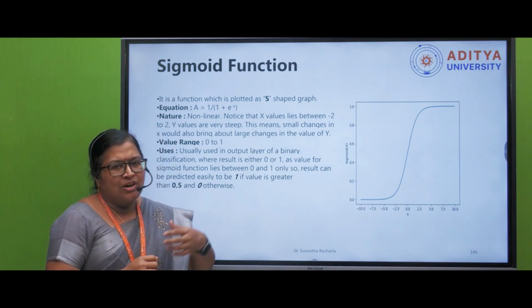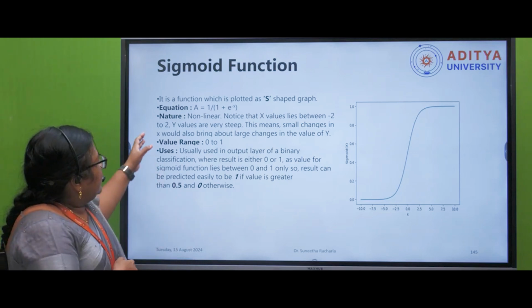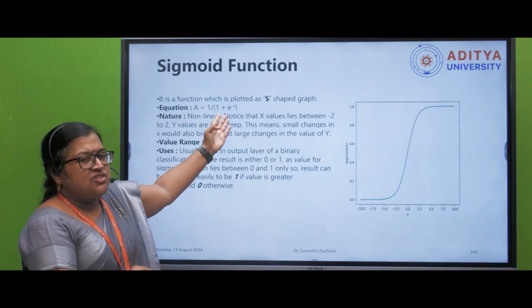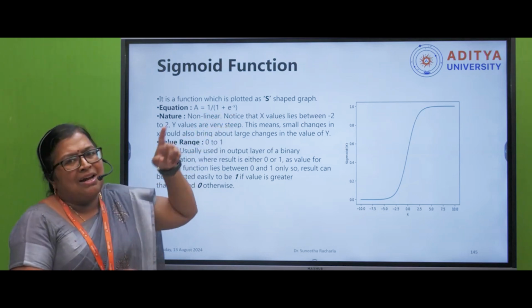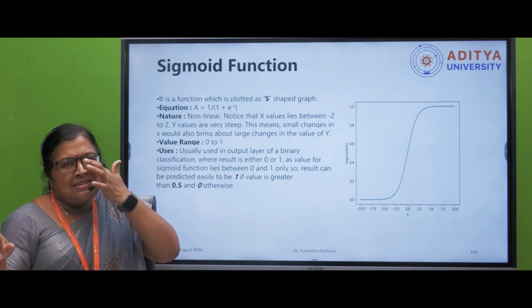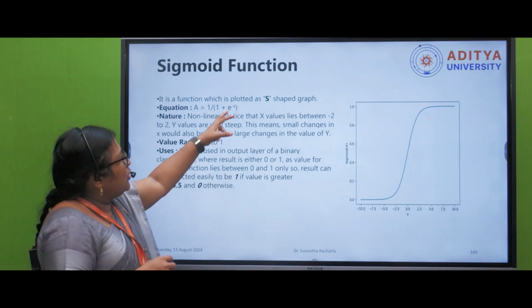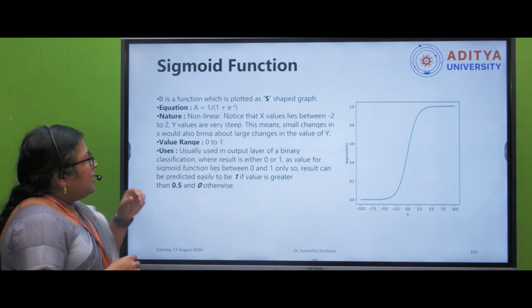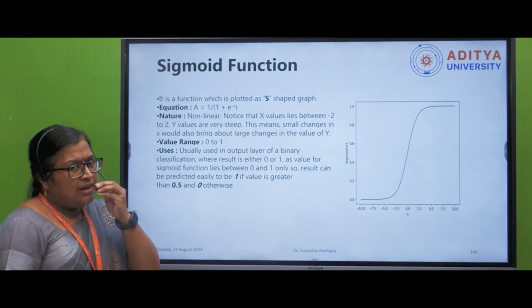This is why we normally use sigmoid functions. This is the equation for the sigmoid function, which we have already discussed: 1 by 1 plus e power minus x. That e power minus x is nothing but again y equal to mx plus c. We keep that complete equation here, and this is a non-linear curve.